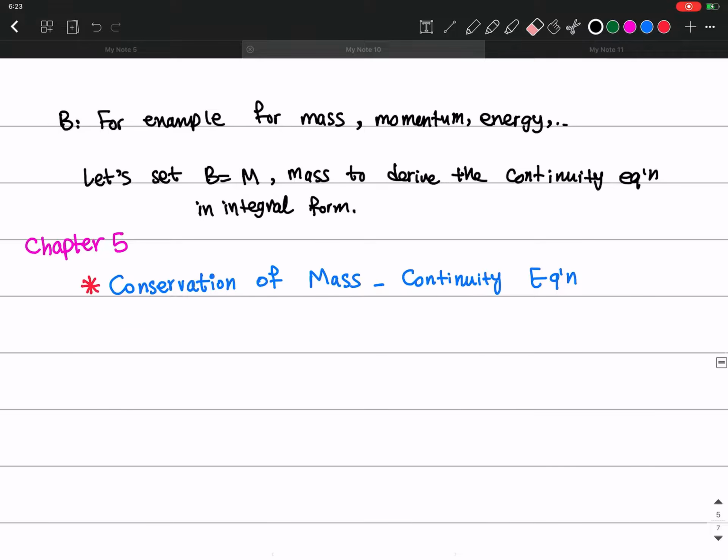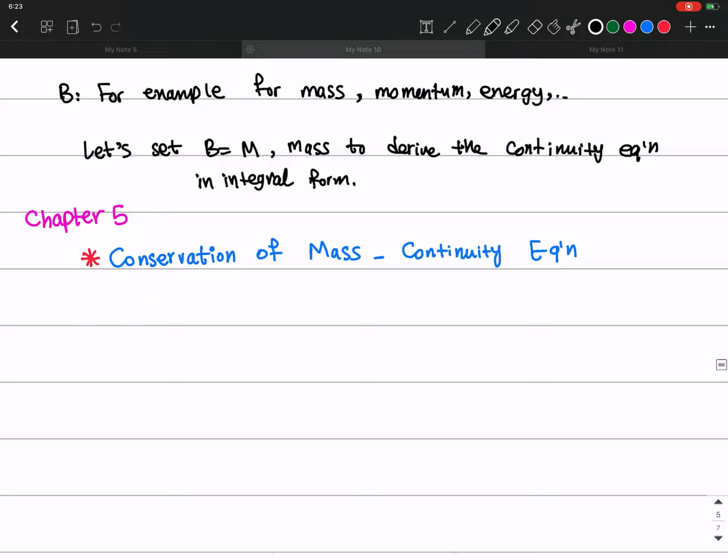Okay, so again, let's set B equals to mass to derive the continuity equation in the integral form.